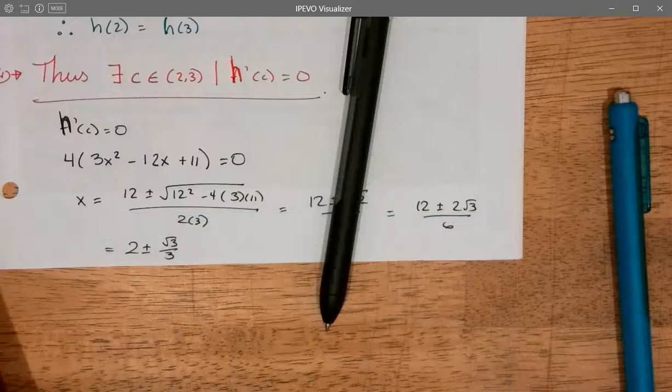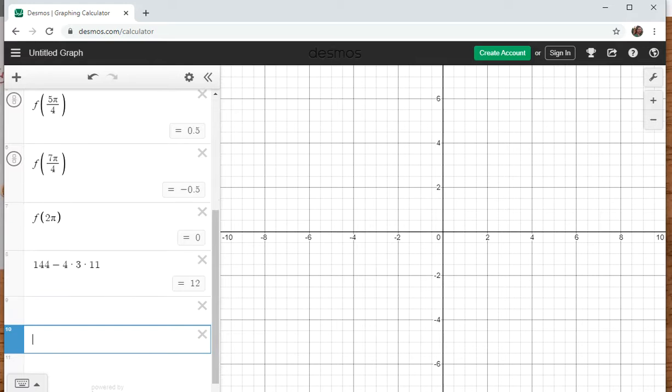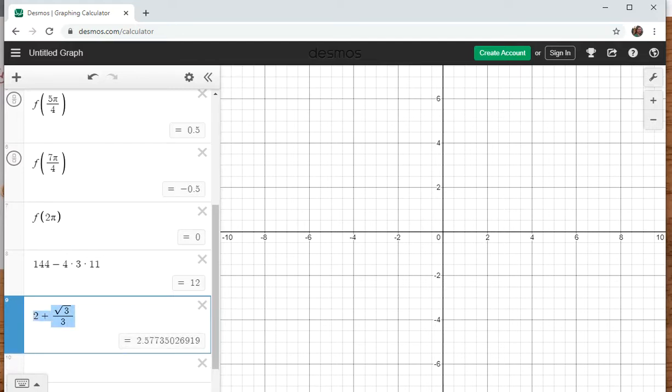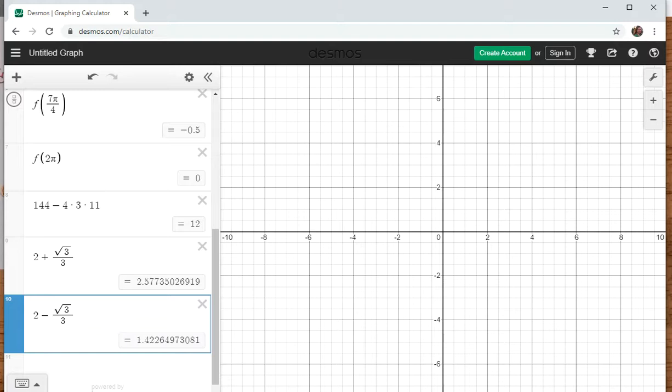So back over to my calculator for a second. There we go. All right, so I want to find out if 2 plus the square root of 3 over 3 or 2 minus the square root of 3 over 3 is in the interval. The interval was 2 to 3. So this one is not in the interval. It's too small. 2.57 is in the interval.